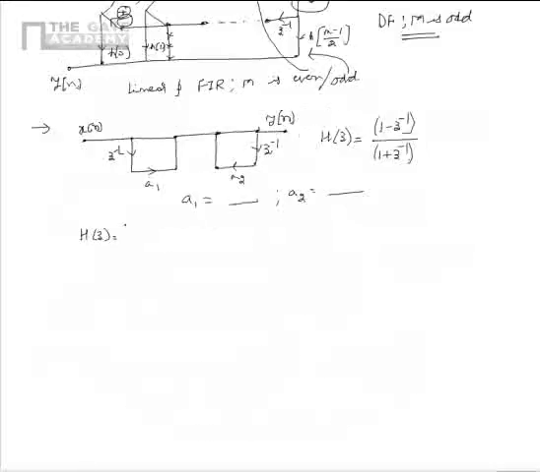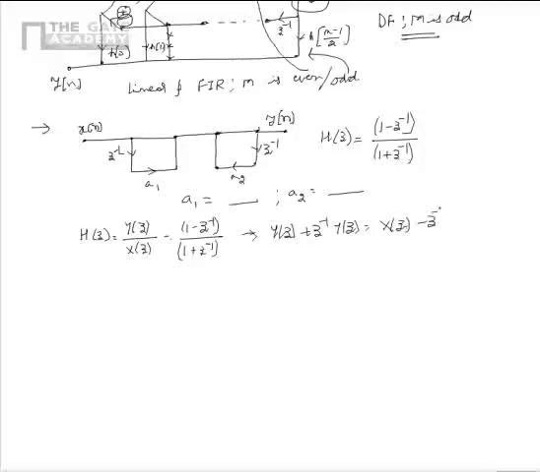We know that H of z is equal to Y of z divided by X of z. This is equal to 1 minus z inverse divided by 1 plus z inverse. This can be simplified as Y of z plus z inverse Y of z is equal to X of z minus z inverse X of z.